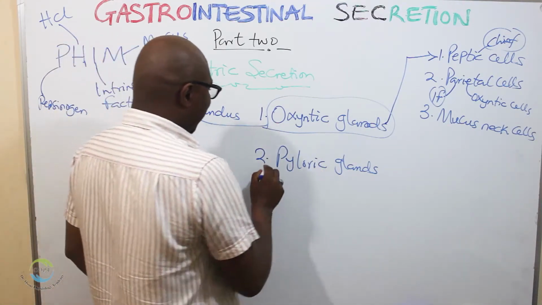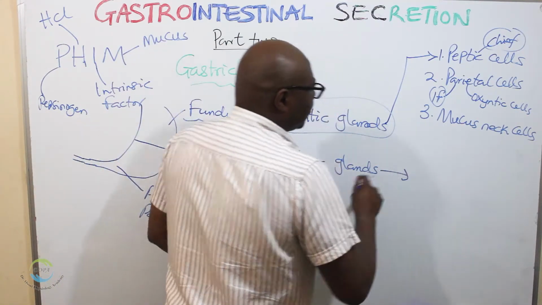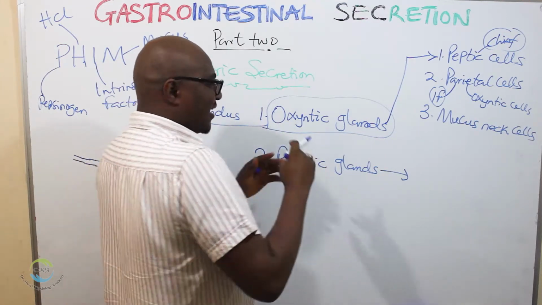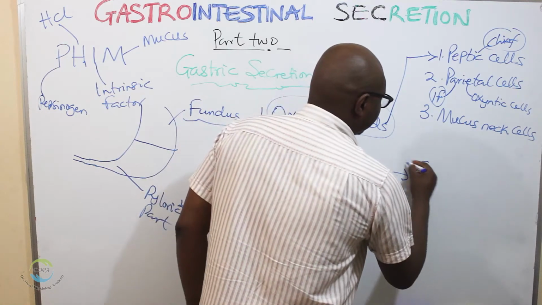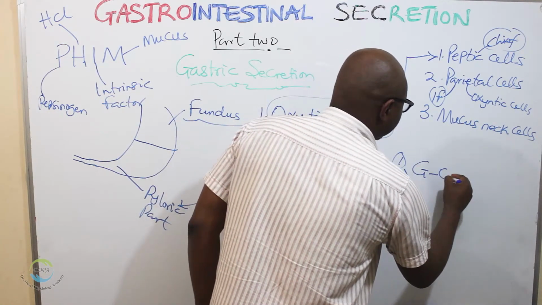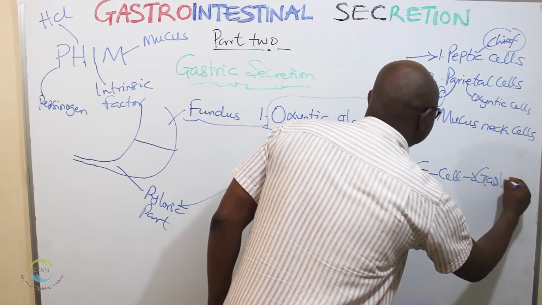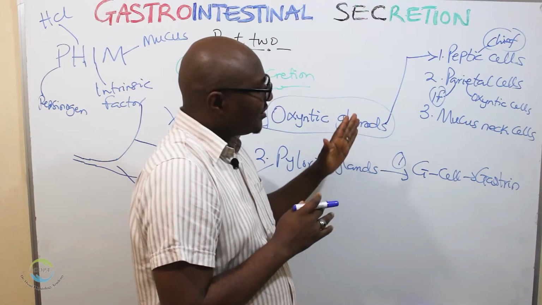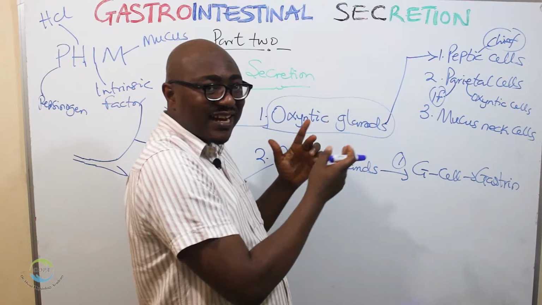So the pyloric gland from this side, it's not so difficult. This pyloric gland has some cells called G cells. They secrete gastrin. But gastrin is not a gastric secretion. It's not an exocrine gland.